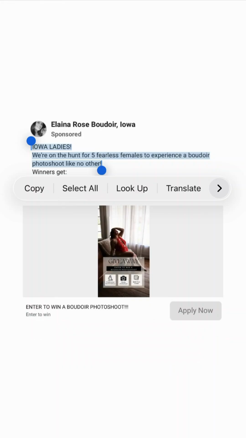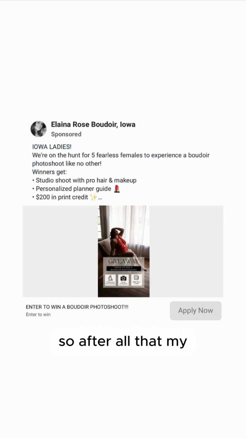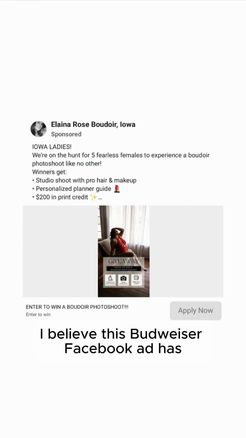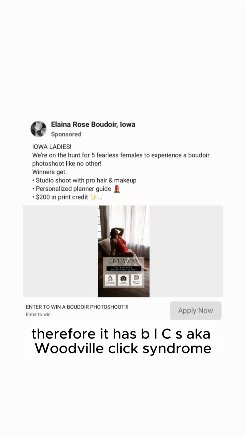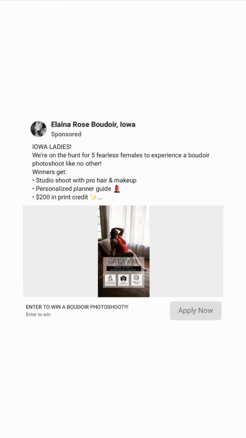So after all that, my diagnosis is I believe this boudoir Facebook ad has a unique CTR under 6%. Therefore, it has BLCS, aka boudoir low click syndrome.